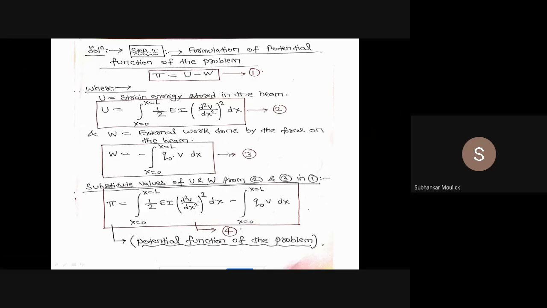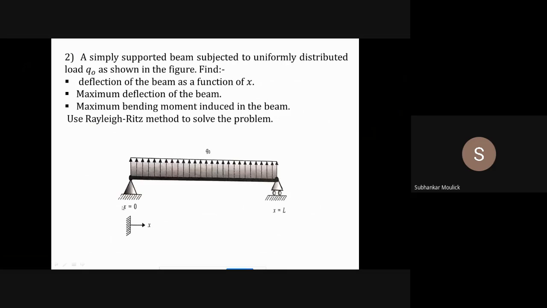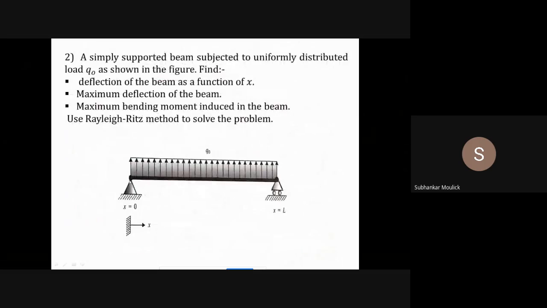We have the boundary conditions, that is V of 0 is equal to 0. The value of deflection will be 0 at x equal to 0, I know from the diagram. Again from the diagram I know that the value of deflection will be 0 at x equal to L, that is V of L is 0. Also the natural boundary condition which I know is that the moment at the two extreme ends is 0.